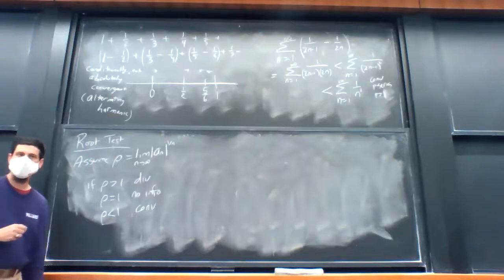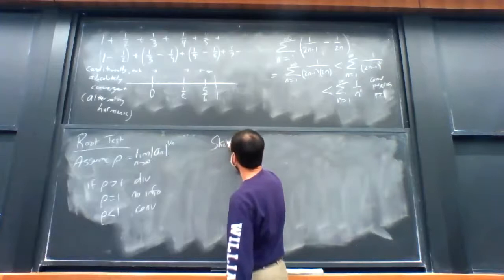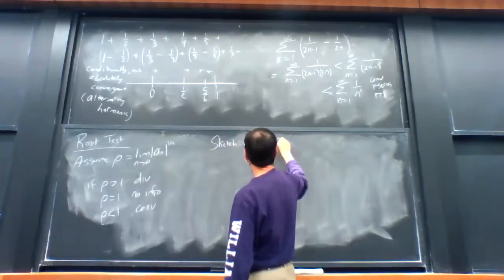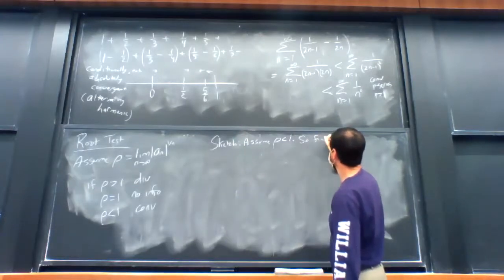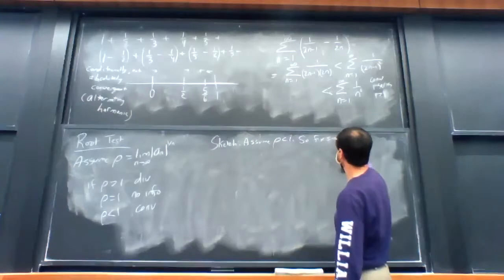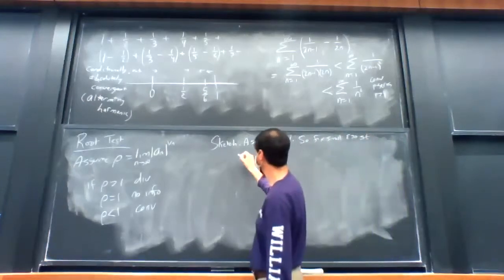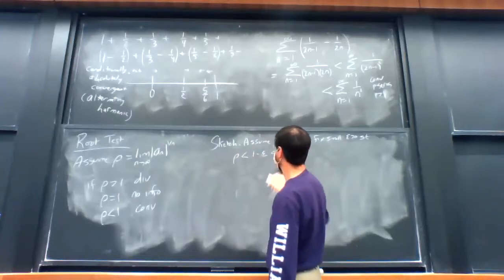Okay? So I'm going to sketch the proof. Let's assume rho is less than 1. So fix an epsilon greater than 0 such that rho is less than 1 minus epsilon, which is less than 1.